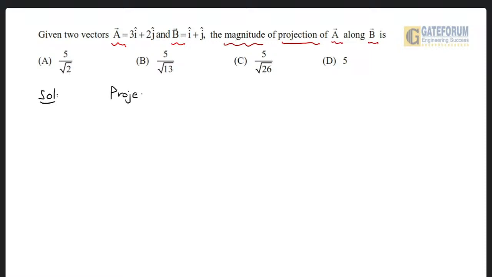Projection of, formula I am giving, direct formula, a standard vector formula, that is, of a vector A bar on a vector B bar or along B bar. This is orthogonal projection, length of orthogonal projection also. A bar dot B bar by mod B bar.